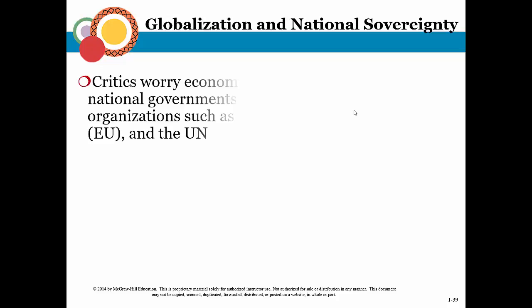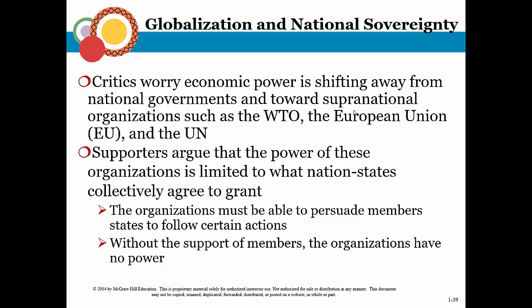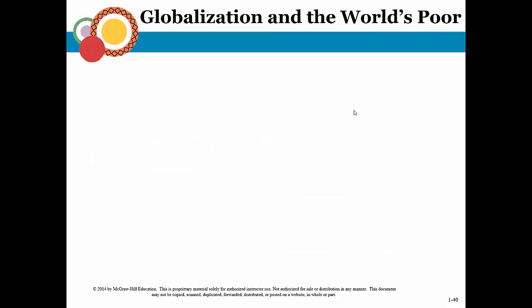Critics argue that the power is shifting away from governments and towards supranational organizations, or rather greater organizations, such as the WTO, the European Union, and the United Nations. Supporters argue that the power of these organizations is limited by the national states, and they all collectively agree to it, essentially.